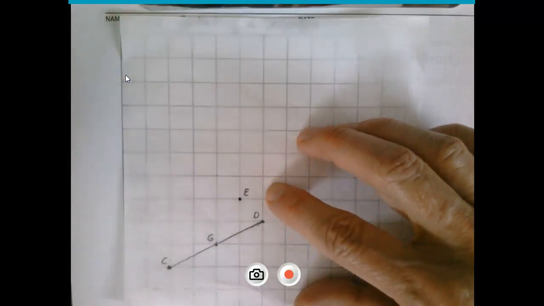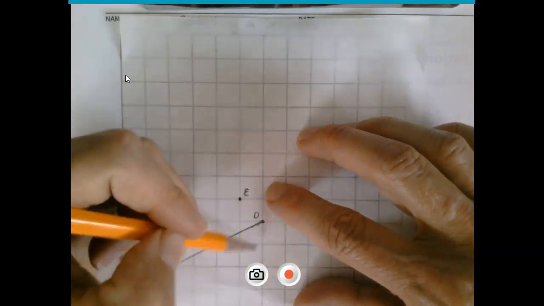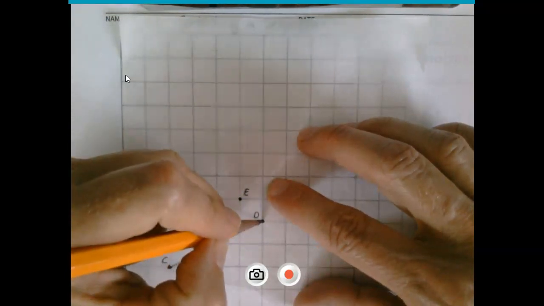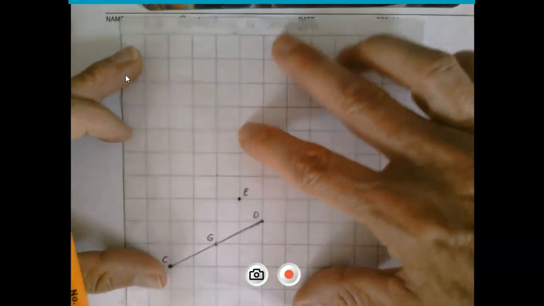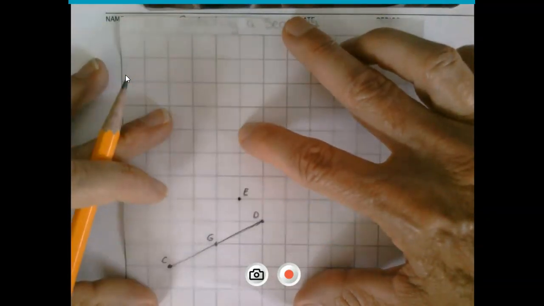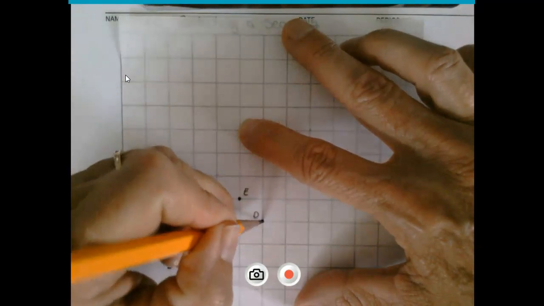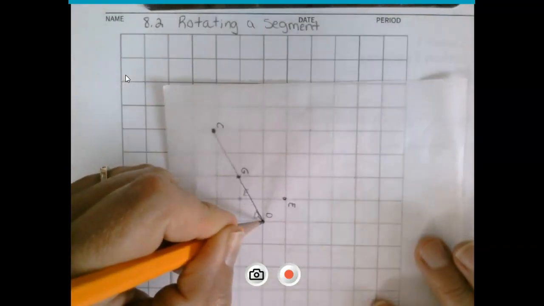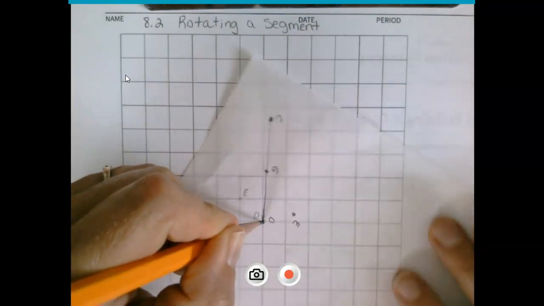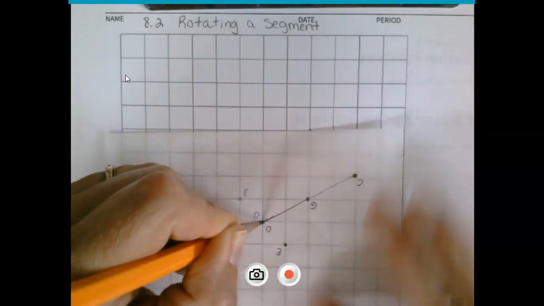So first let's do it clockwise around center D. This is my center D here. And as you can see, I got it lined up pretty good on the side of my paper, so I know I only have to turn my paper twice to get there. So let me go 90, then there we go, that will be 180.